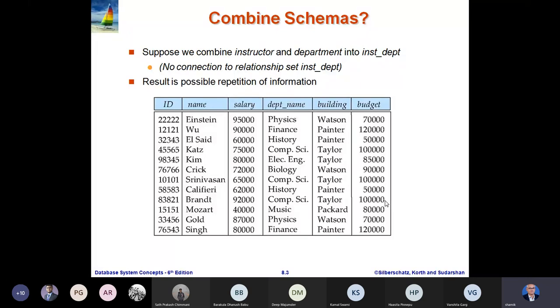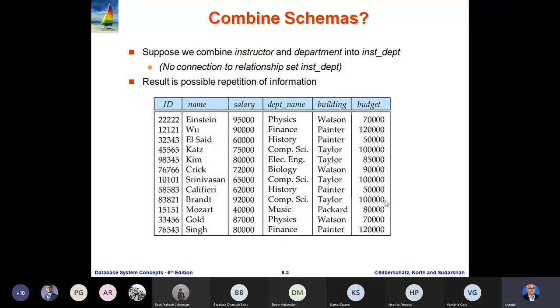Okay, so of course, we understand that this budget and building are more related to the department name than to the instructor and their salaries. And as we had mentioned at that time, in response to my question, one of you had correctly answered that the major problem is, of course, not the additional disk space as such, because disk is quite cheap.